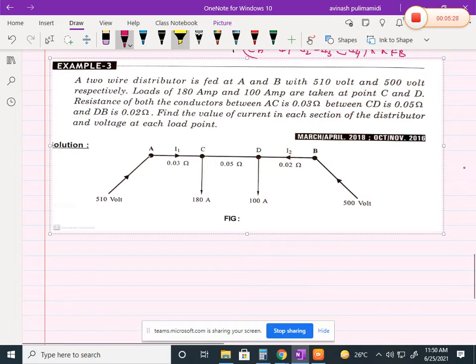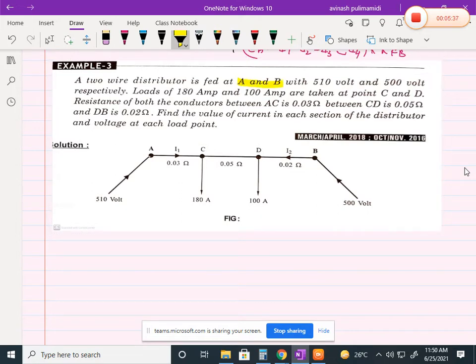So let me read the question. Two-wire distributor fed at both ends. A two-wire distributor is fed at both ends A and B with 510 volts and 500 volts respectively. The loads of 180 amperes and 100 amperes. How many tappings are there here?